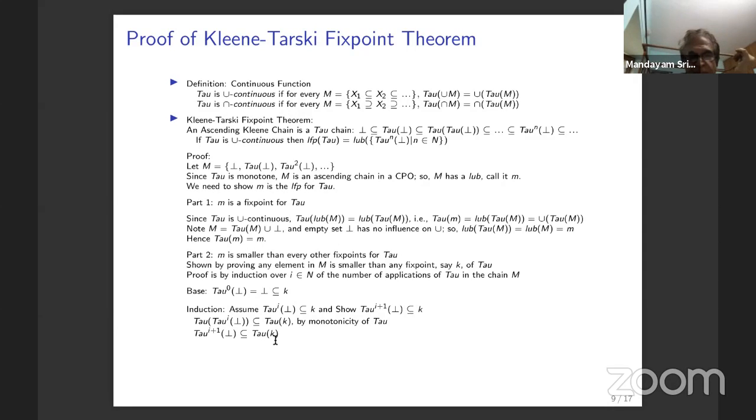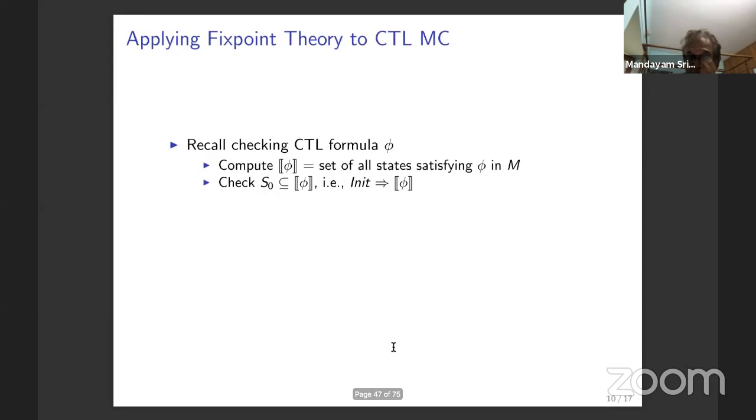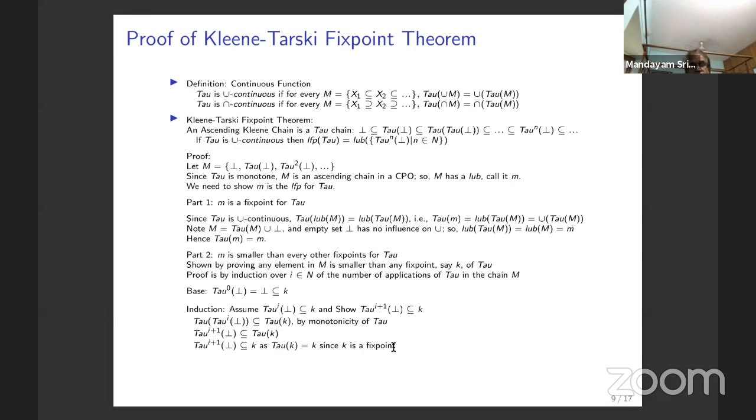And since K is a fixed point, I chose K to be some arbitrary fixed point, you get tau to the I plus 1 is less than or equal to K, because tau of K is equal to K. And that's how you prove that. Okay, so is that convincing? Any questions?